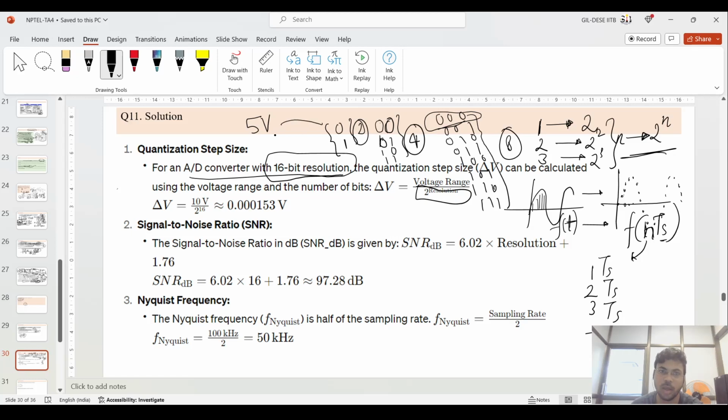If you have a 5 volt system, you have to convert it into two states: if the voltage is 5 volt, the power should be on, and if it is 0, the power should be off. So the voltage range is 0 to 5 volt. Same with 2-bit logic, where 4 logic levels are possible.